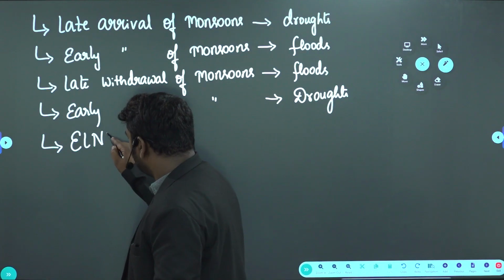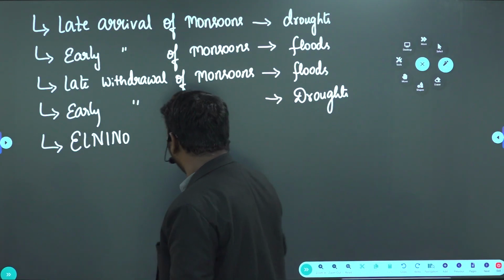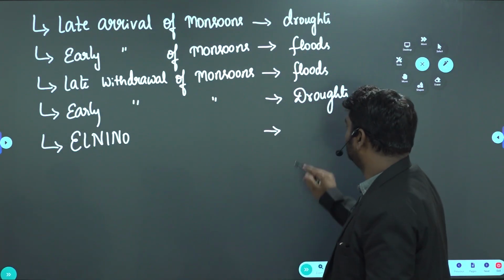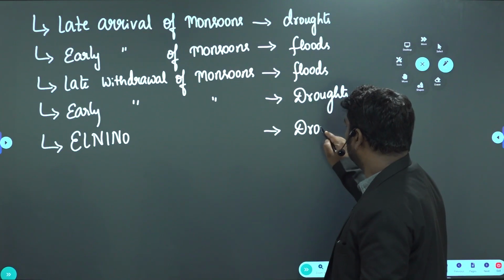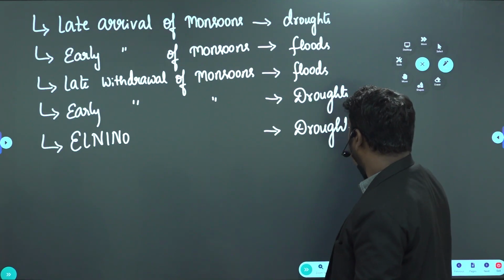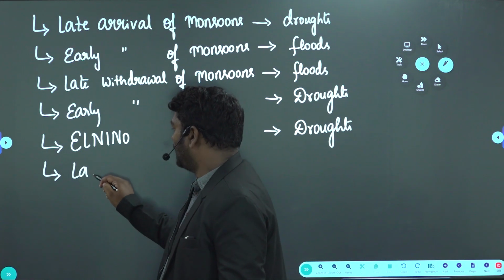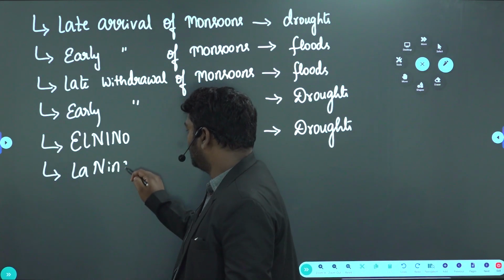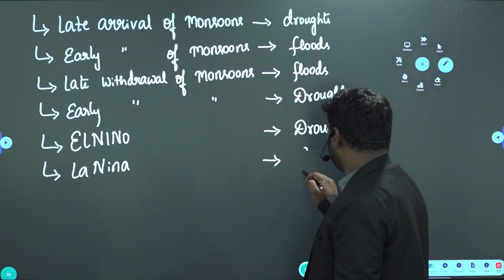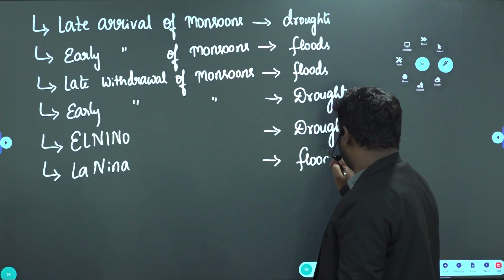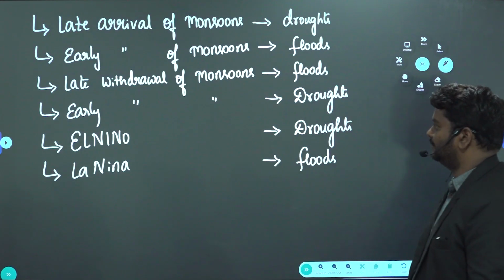Next case. El Nino leads to what? Droughts. La Nina, floods.